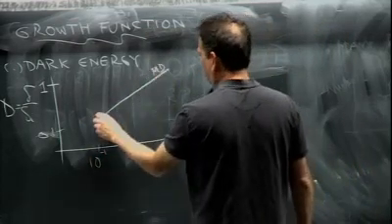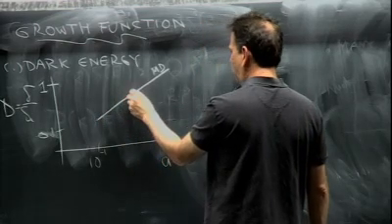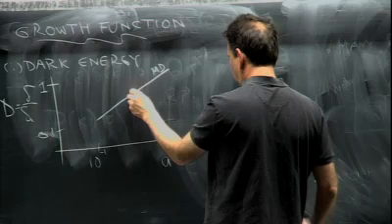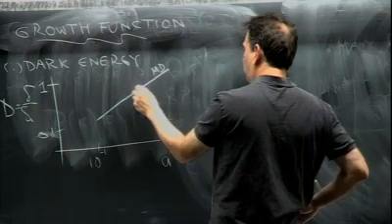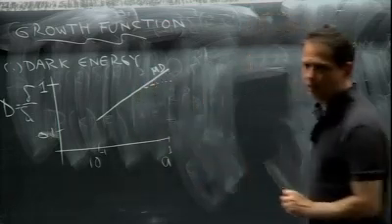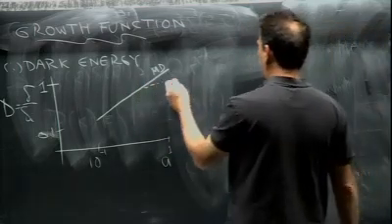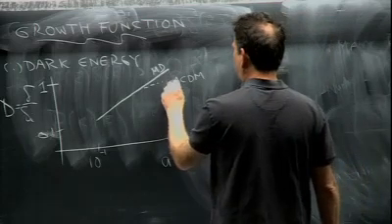But because of dark energy, at early times, dark energy is not that important. But as you get to Z of about a half or A of about a half, whatever, the dark energy becomes important and growth stops a little bit. So in the presence of, say, a cosmological constant, you have a growth factor which is suppressed by about 20%.